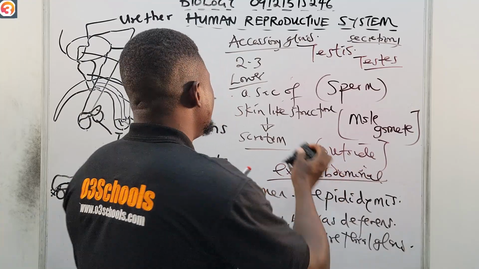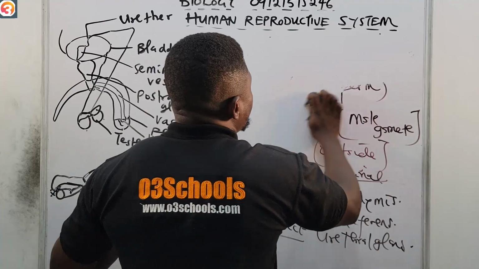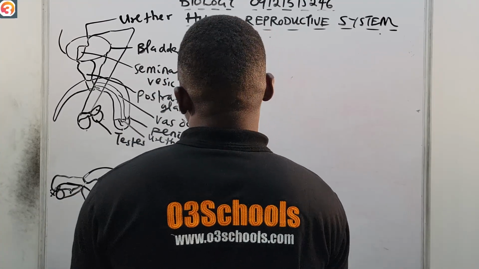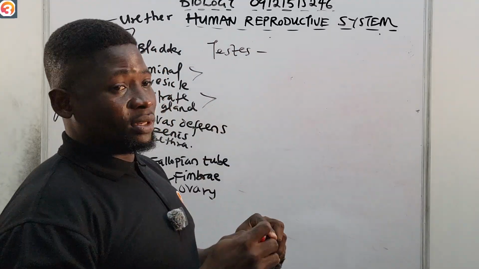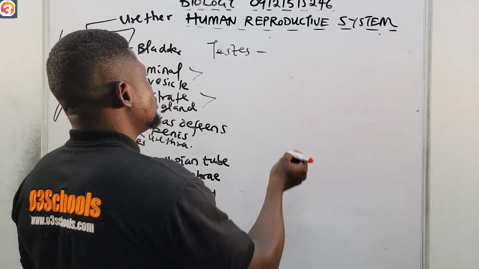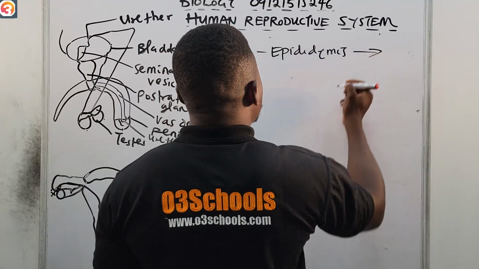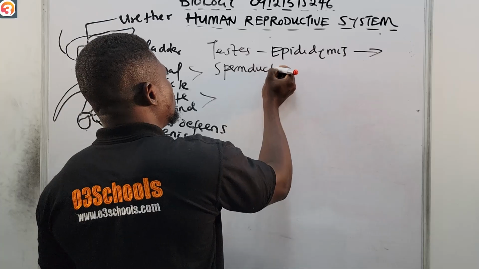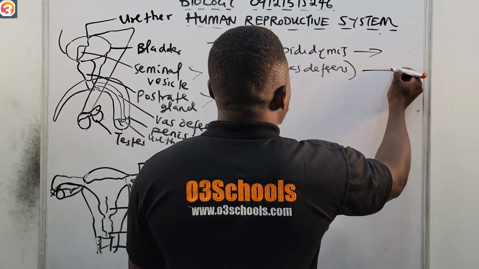So now the pathway for the male reproductive system, for the production and release of semen: number one, it starts with the testis, where the sperm is produced. From the testis, it goes to the epididymis, and then from the epididymis it goes to the sperm duct, or the vas deferens.